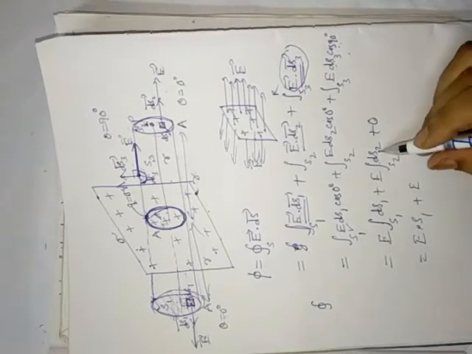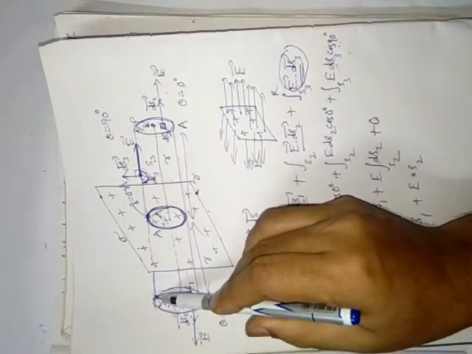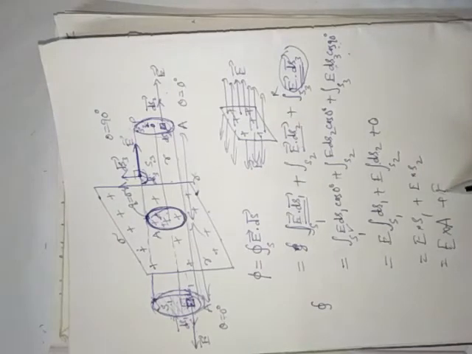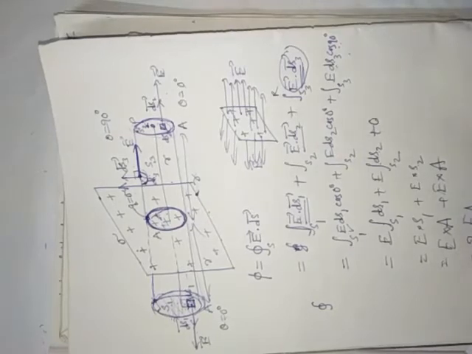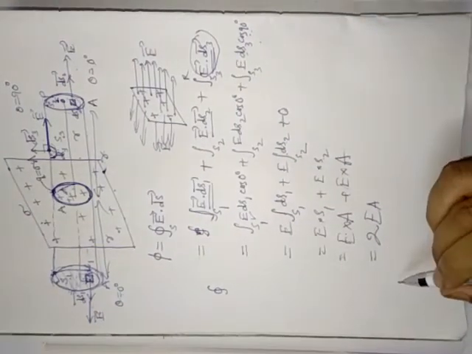Similarly, if you integrate all ds2, you will get S2, that means the area of this portion and the area of this one. Now the area of S1 is A, and the area of S2 is also A. Now you will get twice EA, that is EA plus EA.